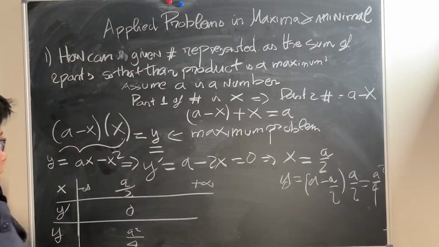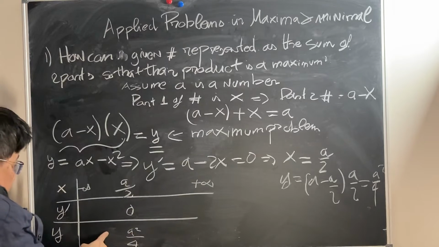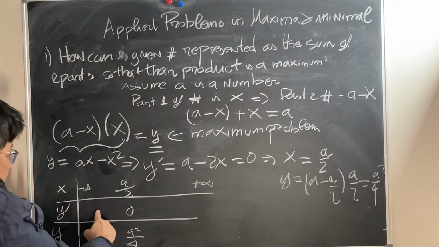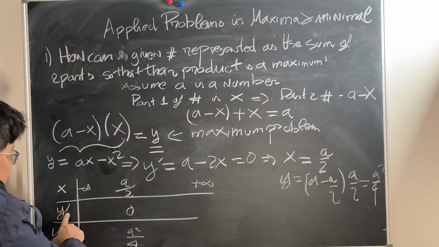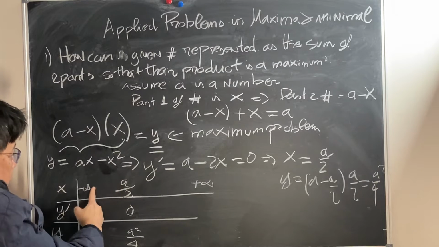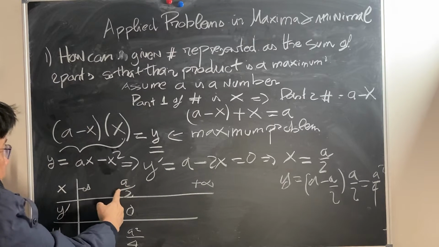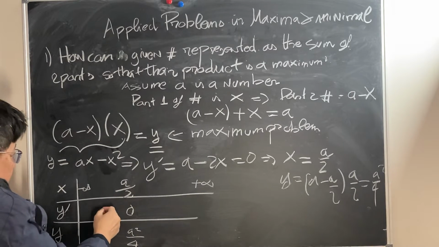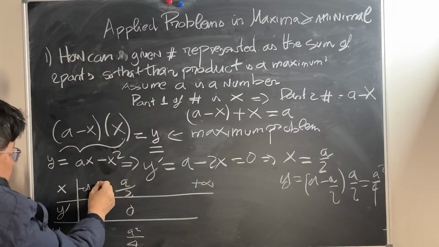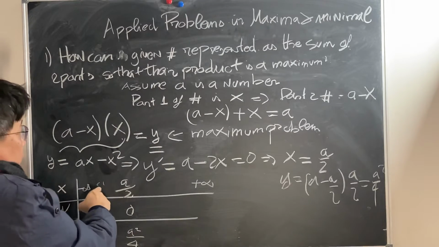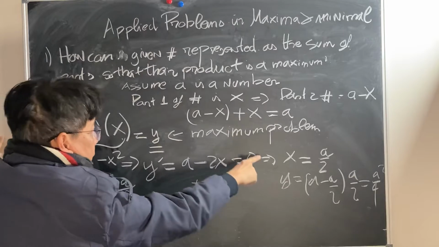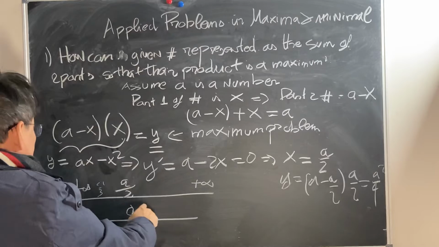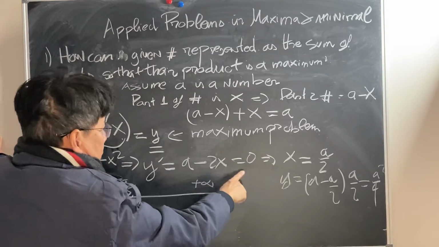Okay. In order to get the maximum, now we consider the sign of this y prime on the left hand side of a over 2. On the left hand side, you can take a over 3.